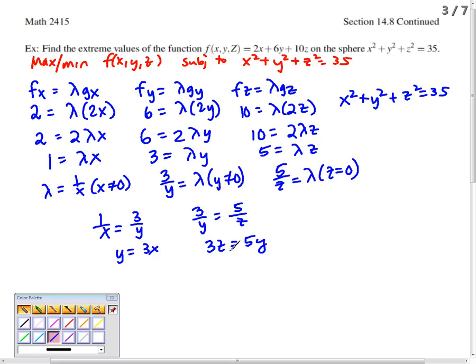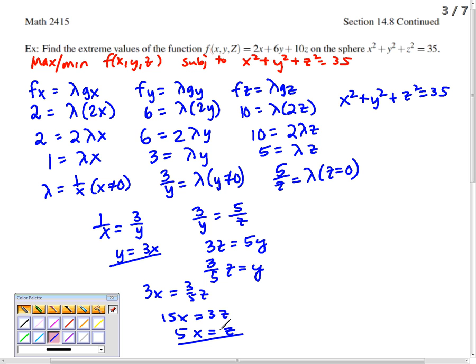If you just solve it for y, then you can say 3x equals 3/5 z. So 15x equals 3z. So 5x equals z. Okay, so I can plug this and this in, and both z and y are in terms of x.